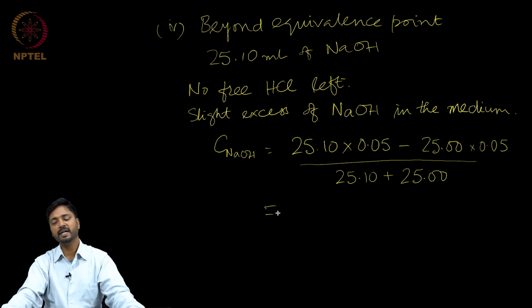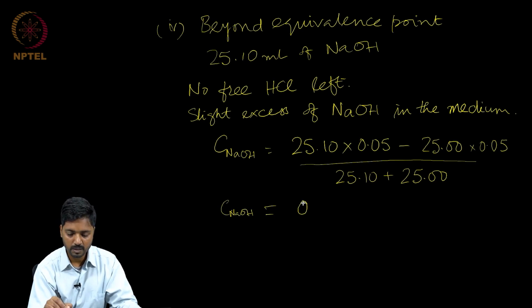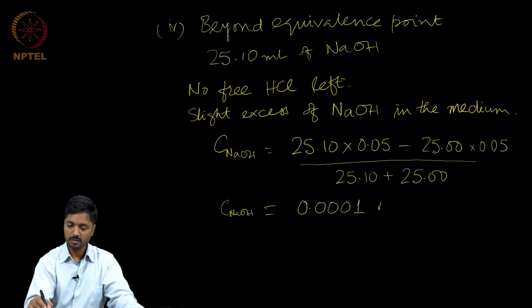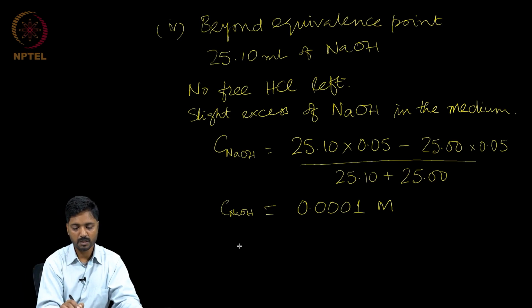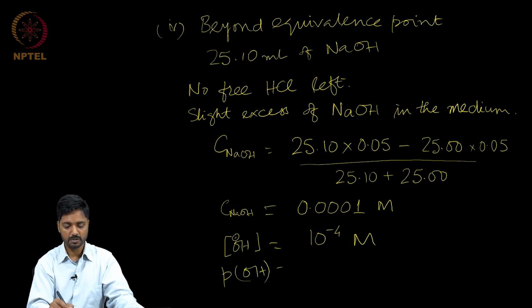Now, when we calculate this, we get the concentration of NaOH as approximately 0.0001 molar, and this turns out that the hydroxyl ion concentration is 10 to the power of minus 4 molar, or pOH, which is the negative log of the OH concentration, is 4.